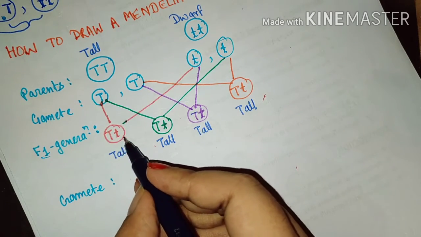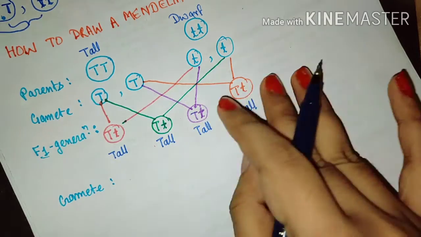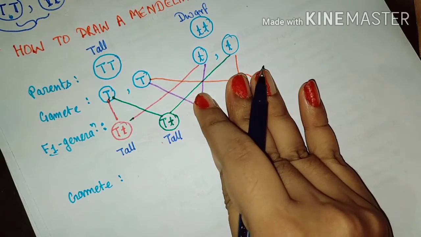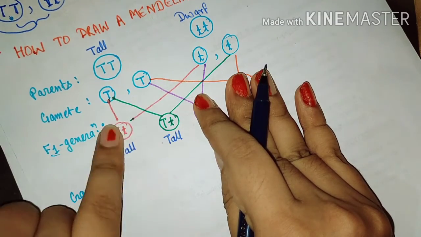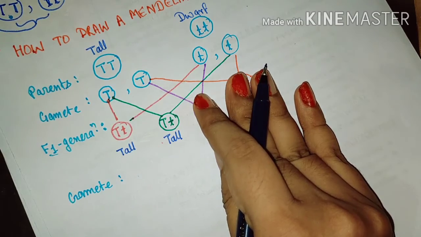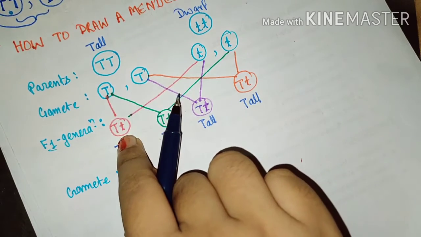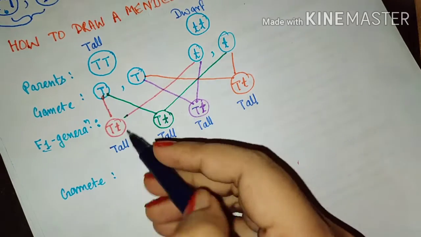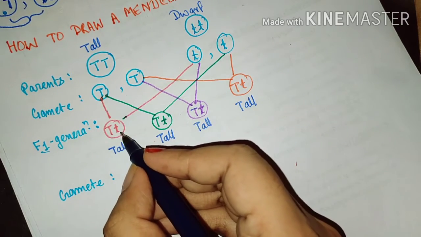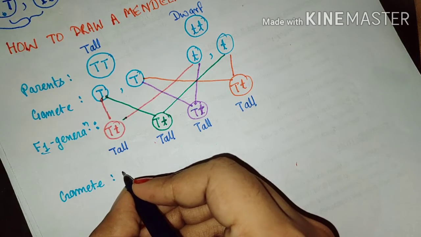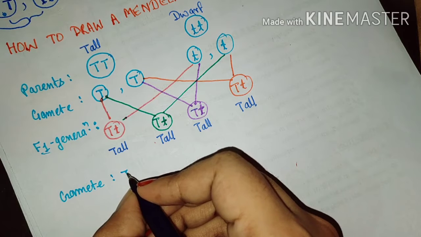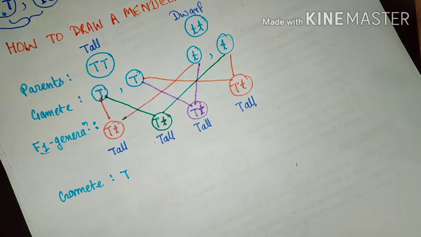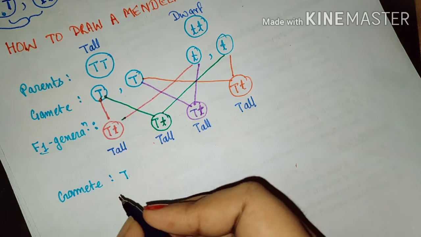So from parent 1, now you have to ignore these two individuals. You just have to concentrate on the first and second parent. So from the first parent, what type of gametes will be formed? Capital T, small t. Two alleles are there. So gametes will be capital T. Okay, fine. Let me change the color of the pen.